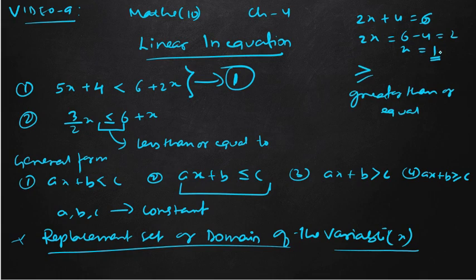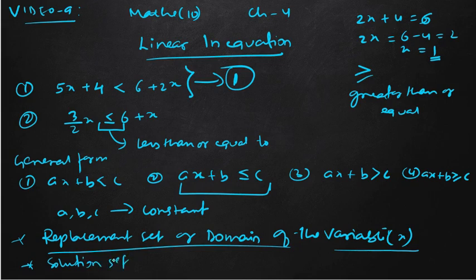So this value of x is known as the solution set, and this will be from the replacement set. The replacement set is the set from which the values of the variable are replaced in an inequality. And there is another term, that is our solution set.